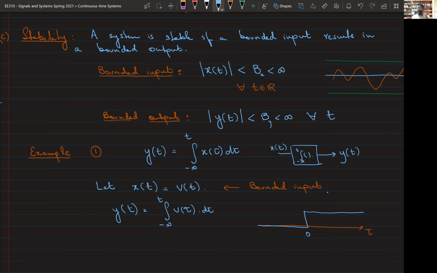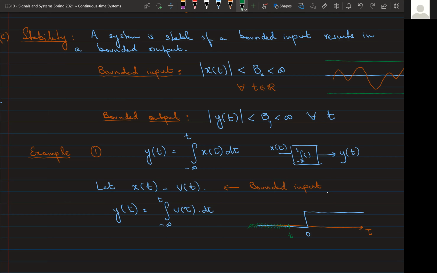Then if I start integrating this, I have to integrate it from where to where? From minus infinity to t. And if t is less than 0, what happens? So let's say this is where t was, and I was integrating from minus infinity all the way up to t. What would I get as this area?